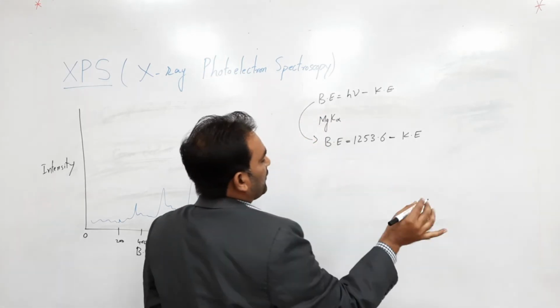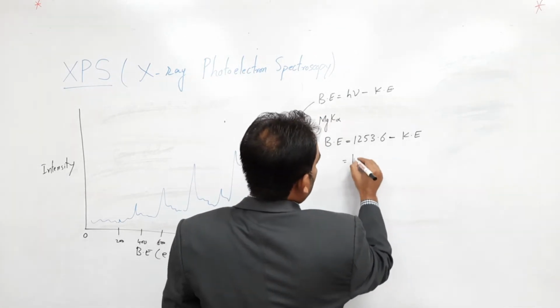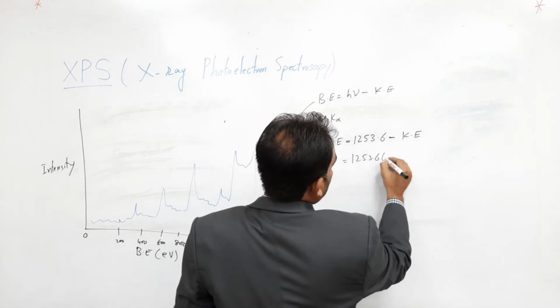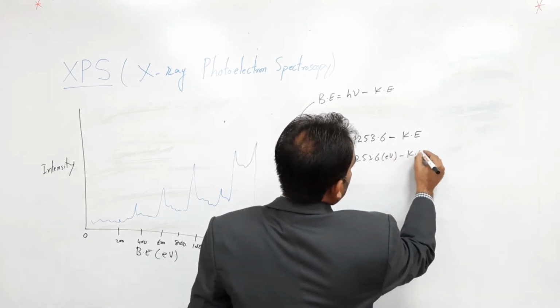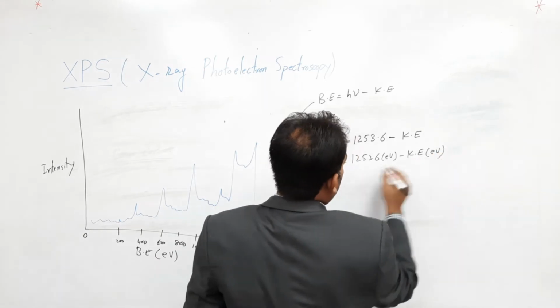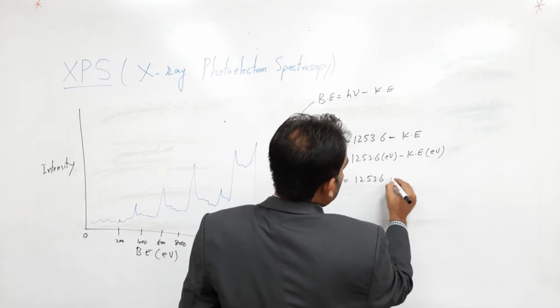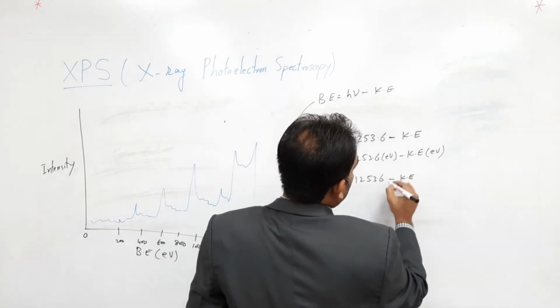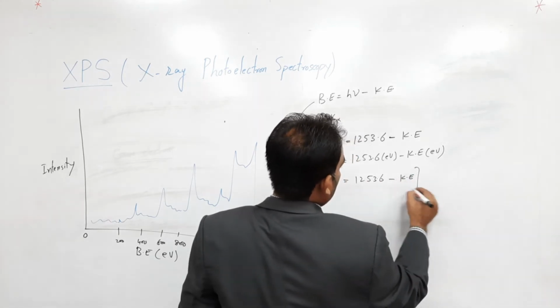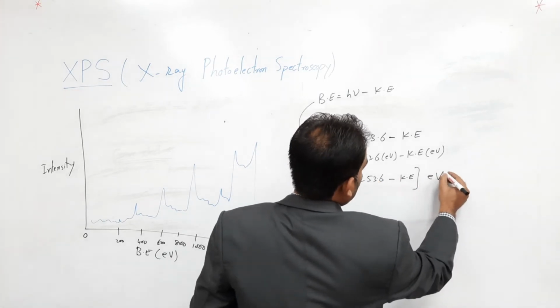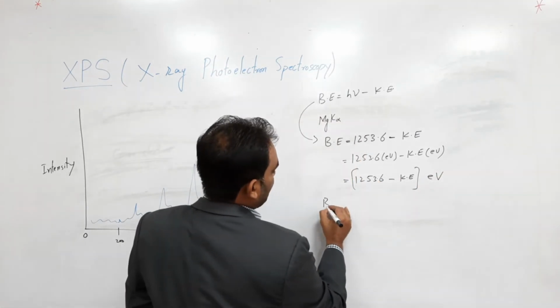Now in this case you have to measure both this part in electron volt and kinetic energy in electron volt. So the whole expression will be overall in electron volt.